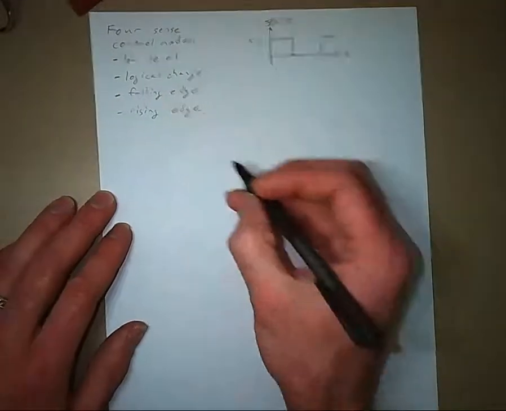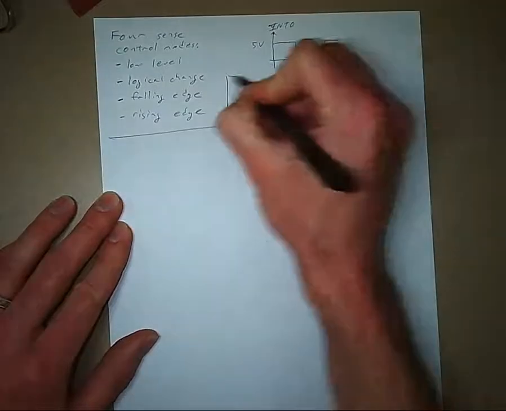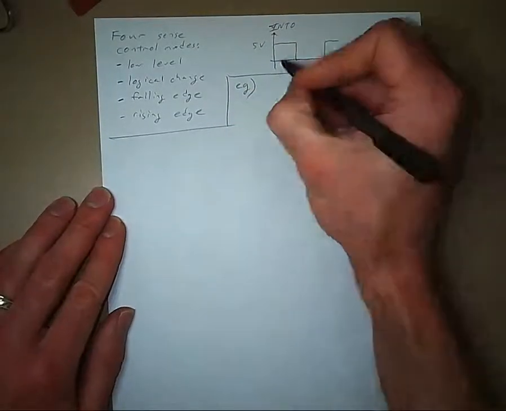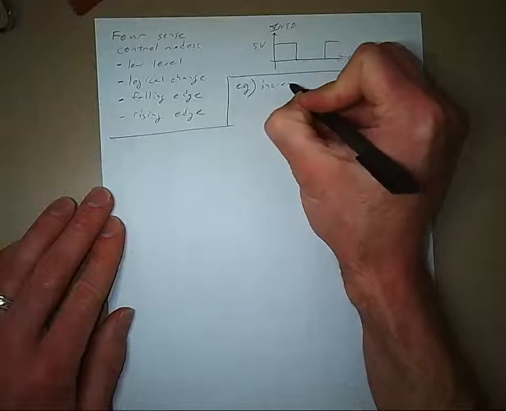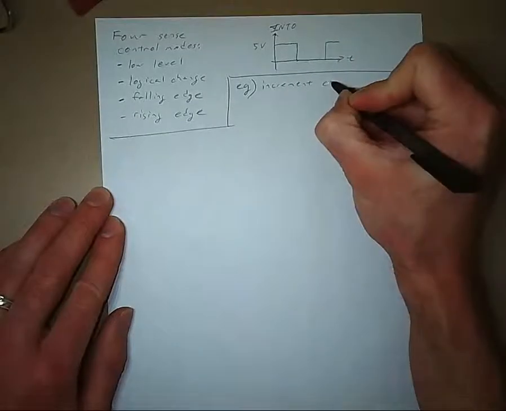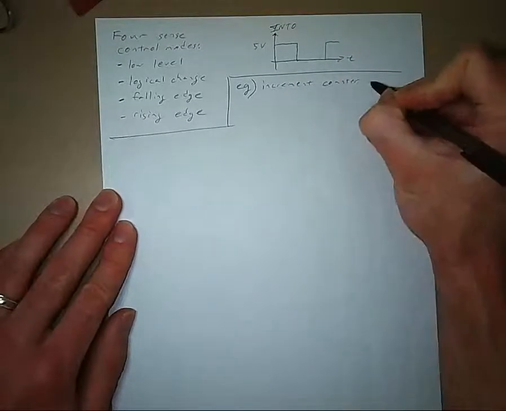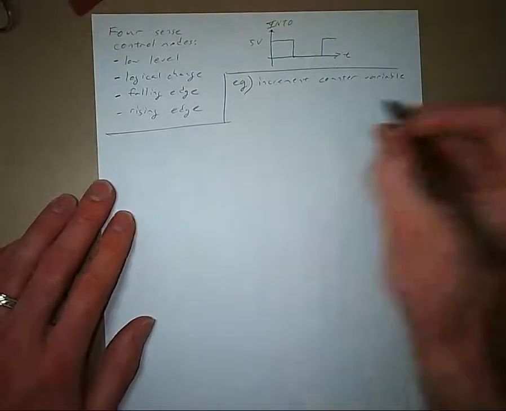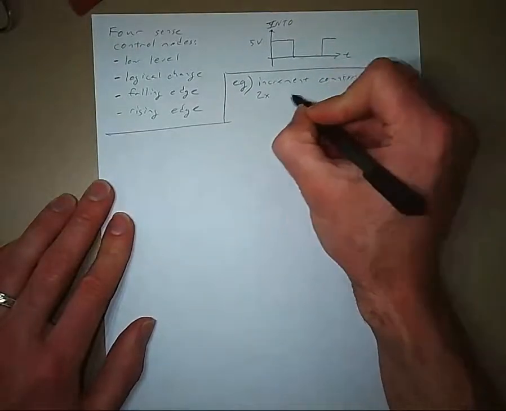So here for our example, we want to increment a counter variable. We're not really doing anything with it. We're just making some variable go up 2 times every second.